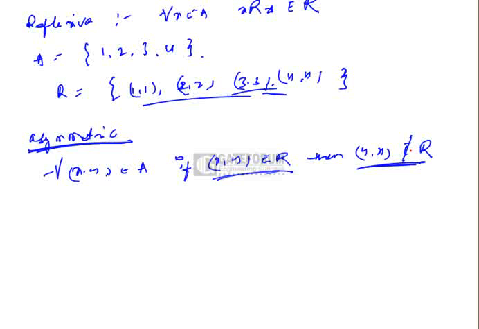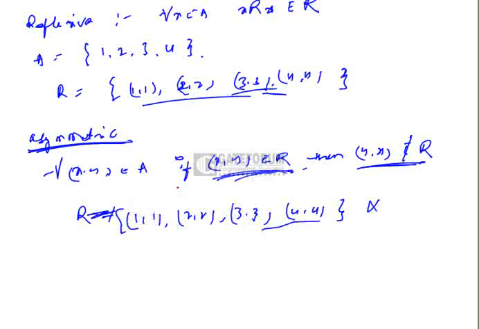Hence diagonal elements should not be present according to the condition of an asymmetric relation. That means R should not contain (x, x). In an asymmetric relation, these diagonal elements are not allowed. Why? Because if these elements are allowed, then this condition would be violated.